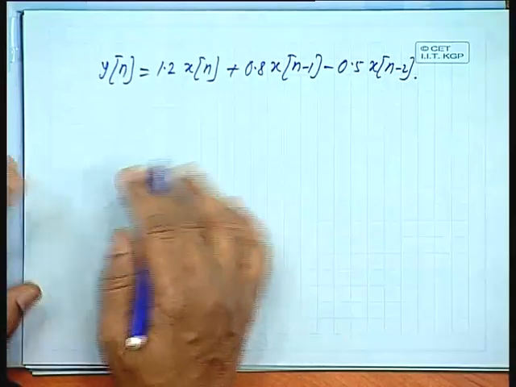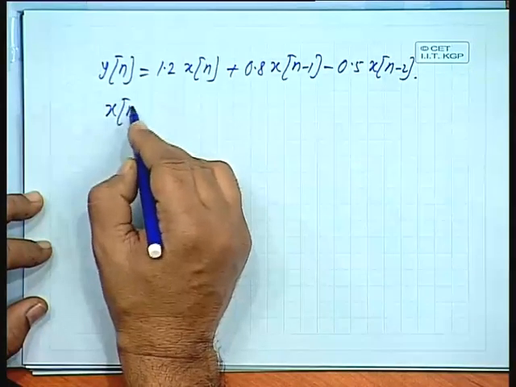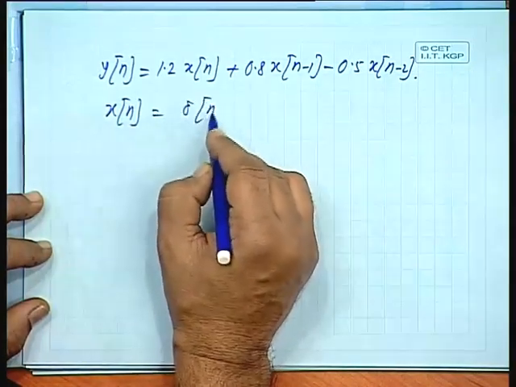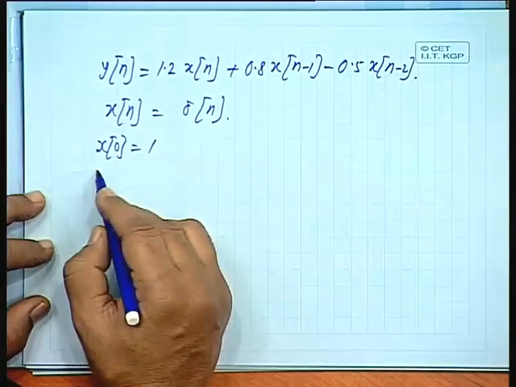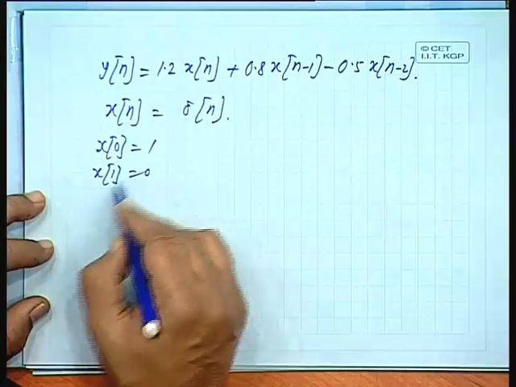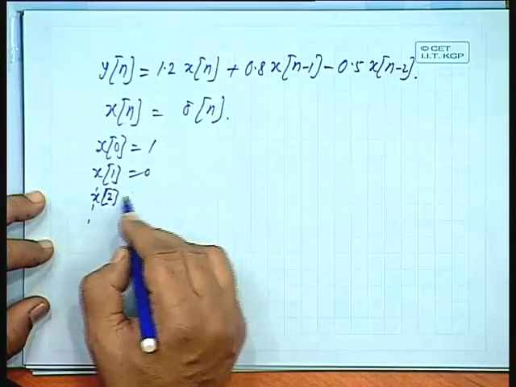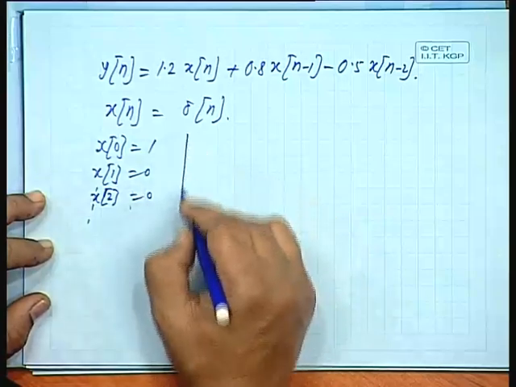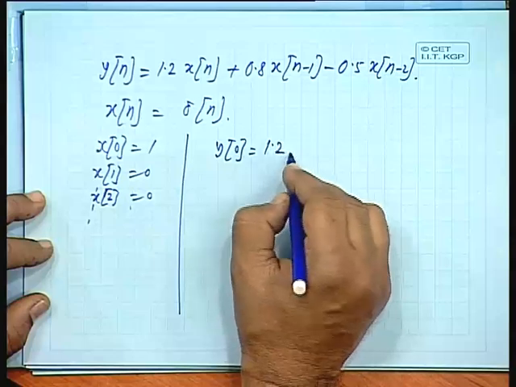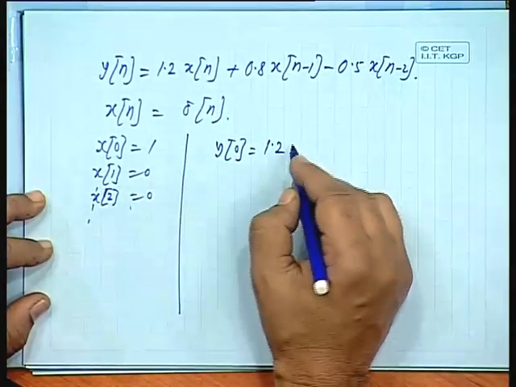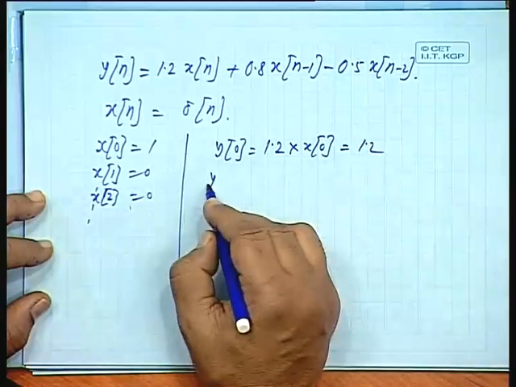If I consider an initially relaxed condition, and we give an input x(n) equal to delta(n), that means x0 is 1, x1 is 0, and afterwards x2, x3 etc. are all zeros. So, what will be the output y0? It will be 1.2 into x0, which is 1.2.